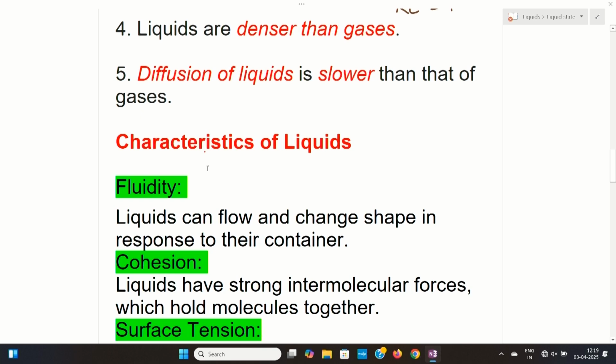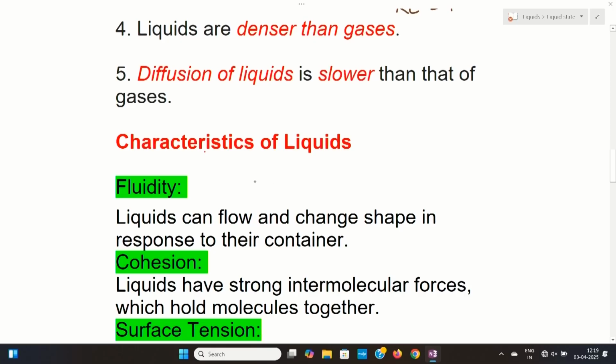Next, we move on to the next topic, that is characteristics of liquids. The important characteristics of liquids are fluidity, cohesion, viscosity, boiling point, surface tension, etc. Now let us see all these characteristics of liquids one by one.